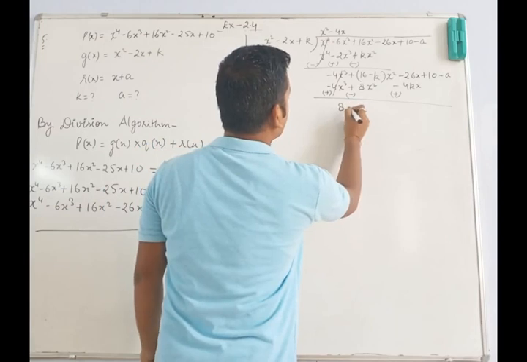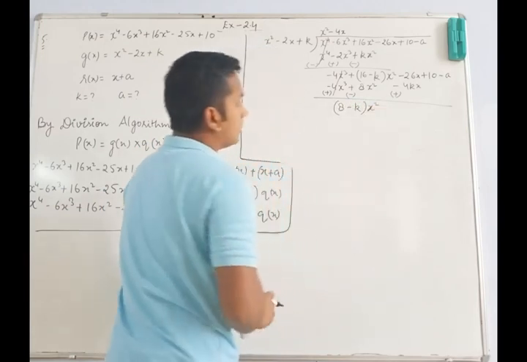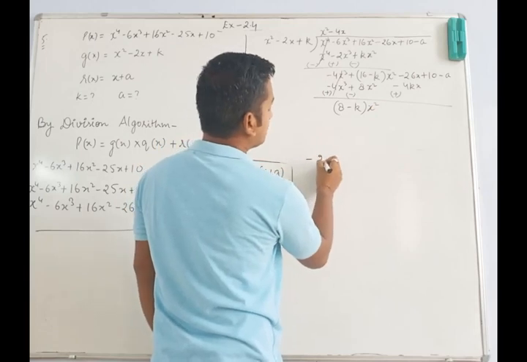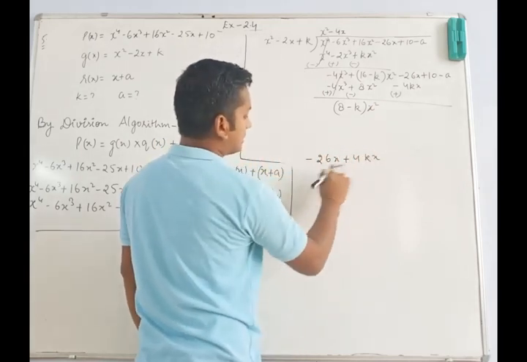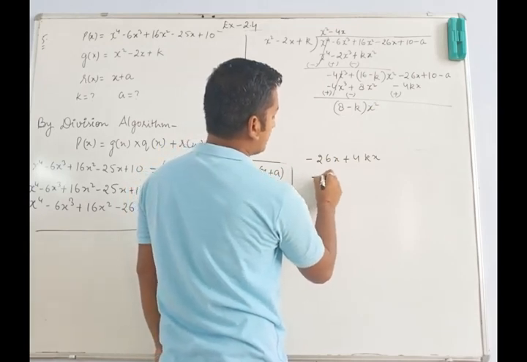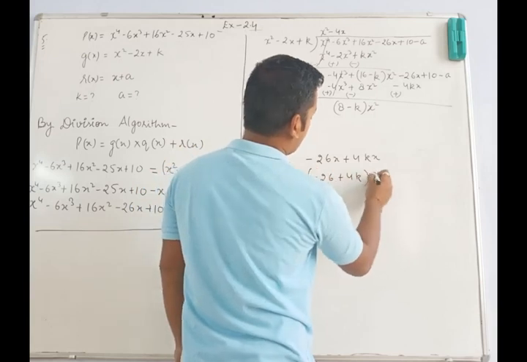So (8 minus k) x square. Here also minus 26x plus 4kx we are having. So let us take x as common. So it will become (minus 26 plus 4k) x.